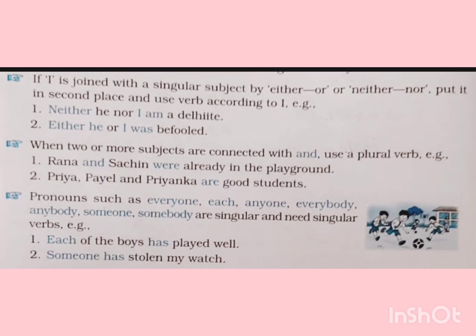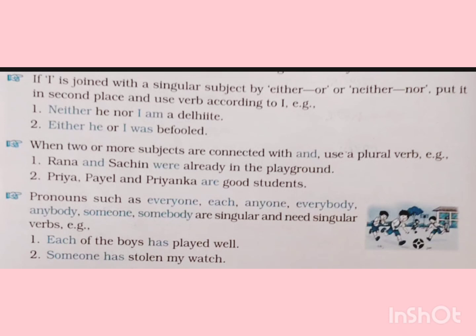If I is joined with a singular subject by either/or or neither/nor, put it in the second place and use the verb according to I. That means with the I, we always use I am or I was. So we will use singular.